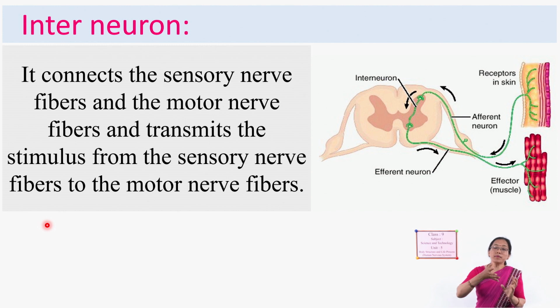It transmits sensory impulses to motor impulses. That means it analyzes the information coming from the affected organ, decides what should be done at that moment, and passes that information to the muscles. In that way, it will perform the work. Okay, that is called an interneuron.